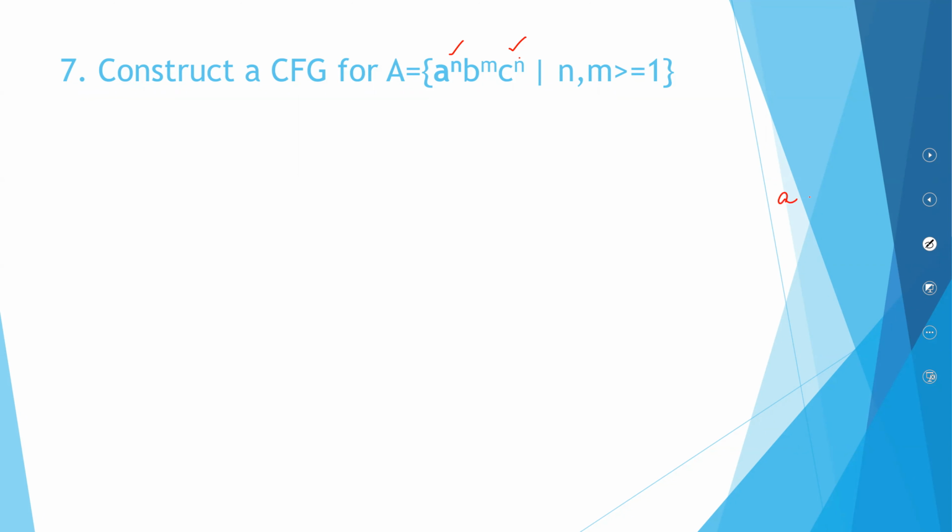So you can have something like this: triple A, triple B, triple C, the stack will take care of that. Or 4 A's, B's, 4 C's. So the stack will take care of the number of A's and C's. In between, for the B's, you are not bothered.